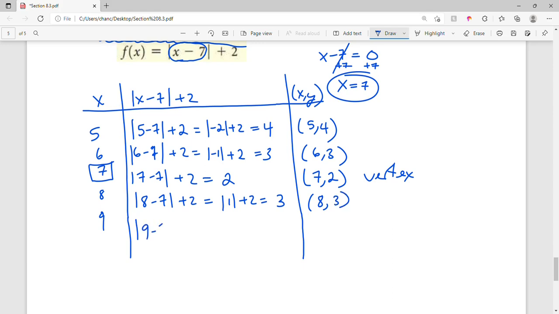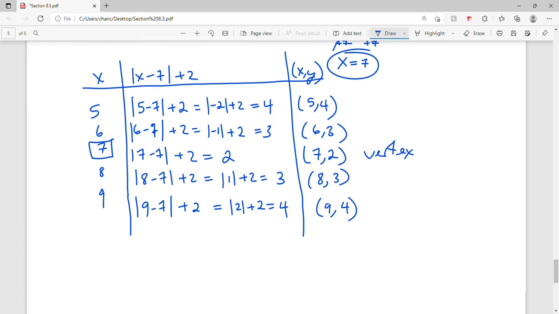For the last one, let's substitute a 9. 9 minus 7 is 2. The absolute value of 2 is 2. Plus the 2 gives us 4. And this is the point 9, 4. So we have the location of the vertex. That's where our V is going to start.